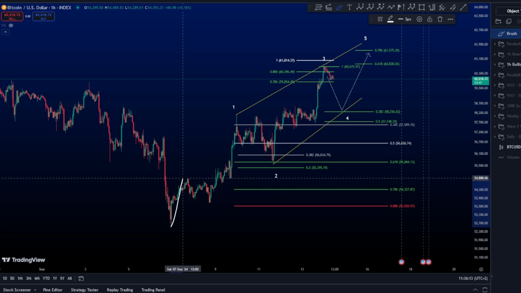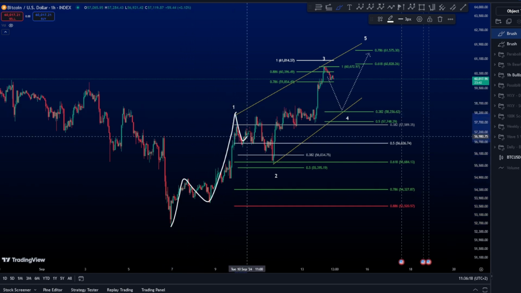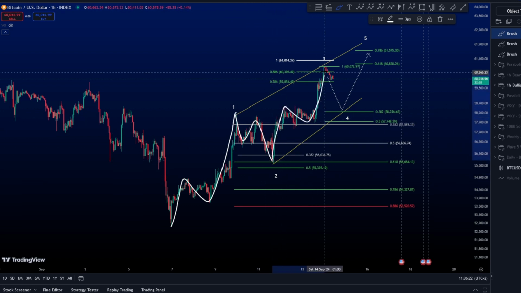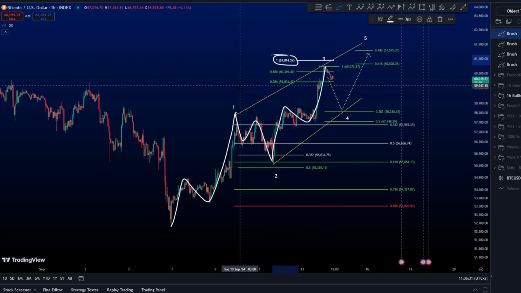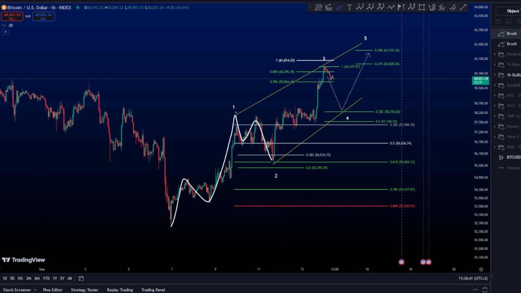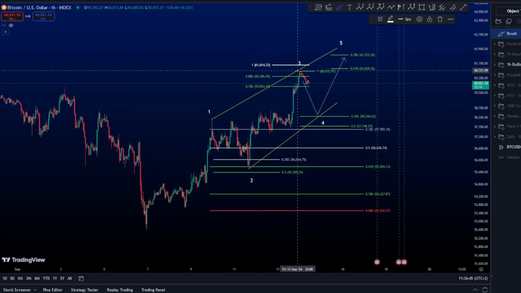So we are looking at a zigzag here finishing a wave 1, another zigzag finishing wave 2, another zigzag finishing wave 3, perfectly hitting the one-to-one for a zigzag as well, and still less than the one-to-one taken from here to the top and to the base point, which did not invalidate this diagonal. So that is perfect so far.